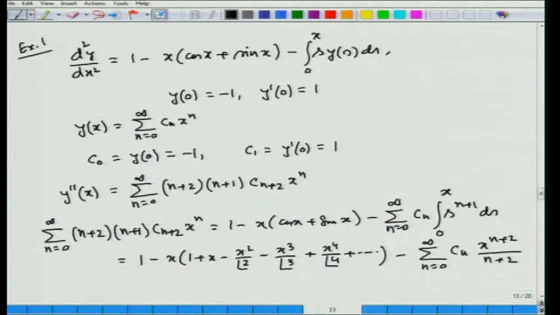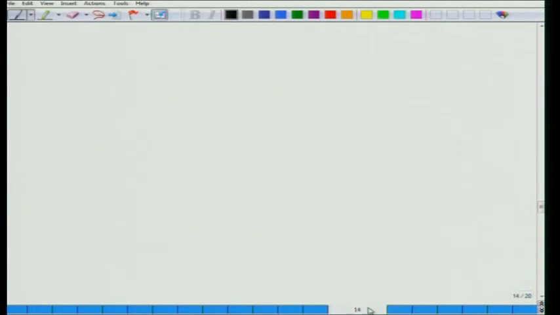Now, if we equate the coefficient of the constant term from both sides, then we can find 2 C 2 is equal to 1, because on the right hand side you can see we have the term 1 as the constant term.